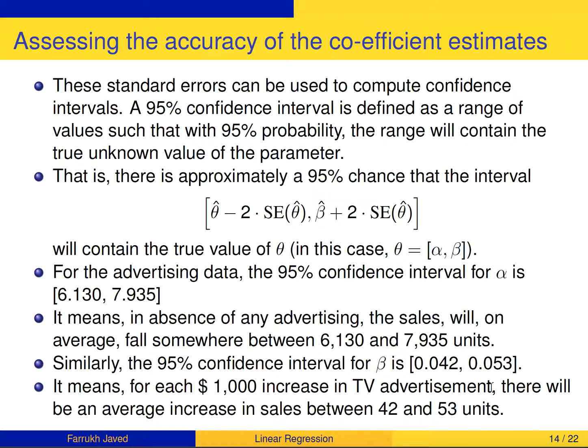Now my beta is not 0, right? And it says that for each 1000 increase in TV, there will be an average increase in sales between 42 and 53 units. So 42 to 53 units will be added to my sales if I invest $1,000 in TV advertisement. Well, we see that it's not much we are gaining when we advertise on TV, but yes, there is some improvement. We can see that.